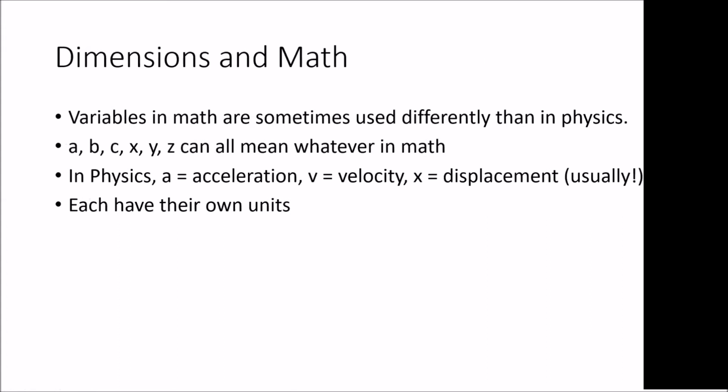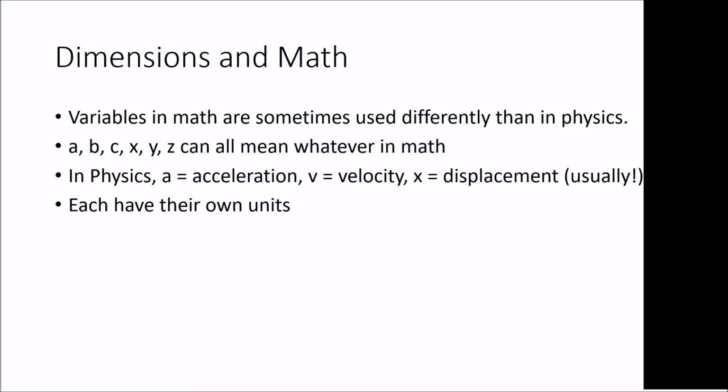Dimensions and math. This is one thing, this is almost philosophical. The way that we talk about variables in math is often different than how we do it in physics. In math, A and B and C and X and Y and Z and any letter can mean anything. There's no preconceptions, let's say, when we're doing that kind of algebra in math. But in physics, these letters really mean things.